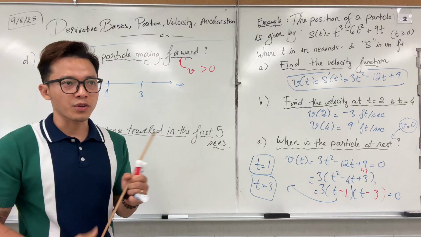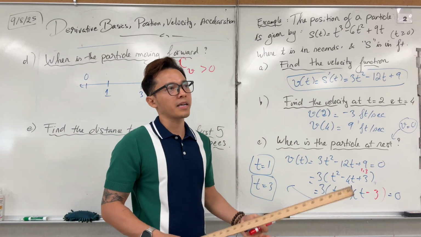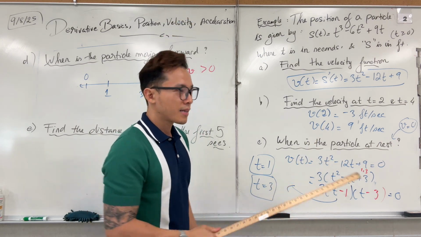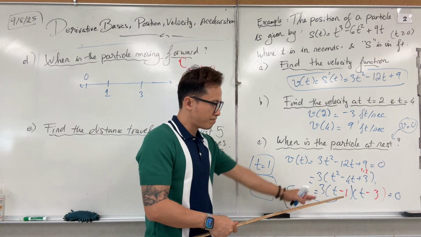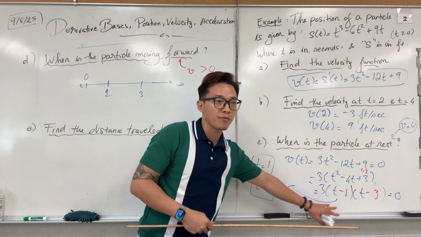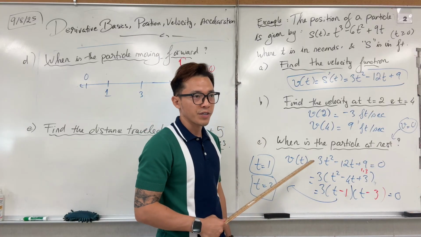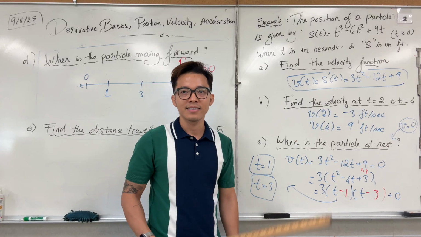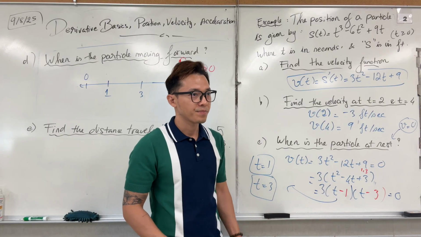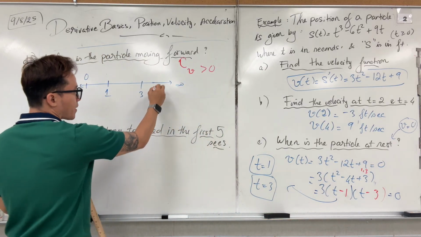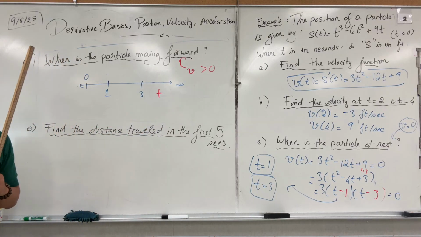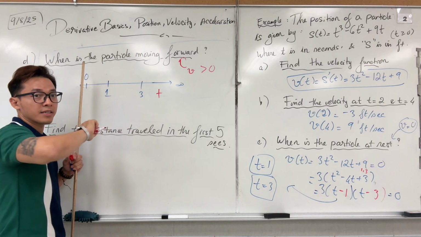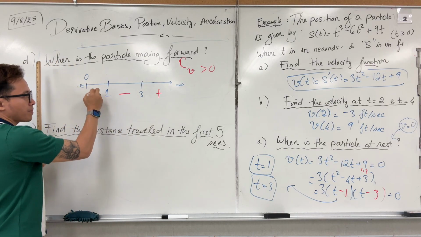Another way you can do that is you don't need to plug it in. You only plug it in when you have a really complicated function, like one with a top, bottom, and something else. This one is a very simple function. You look at the leading coefficient. It's 3. Is it positive or negative? Positive. On the very right, it's going to be positive. Then whenever you pass over a critical point, you flip the sign. So negative, positive.